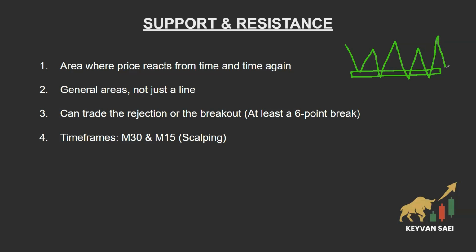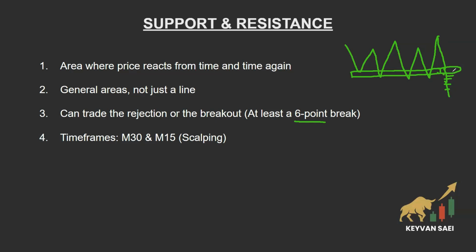So when price comes down and breaks this level, for me, a proper break is around a 6-point break on the S&P 500, right? So if we can find a 5 or 6 point break, then for me, this is a confirmed break of the level, and then I would look for potential entries in this drop.